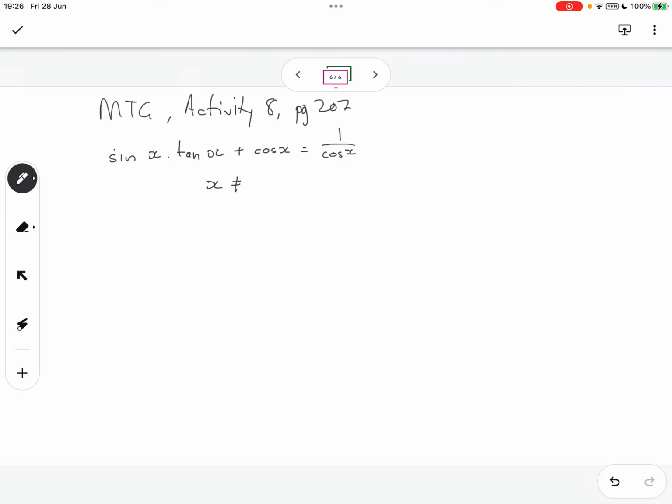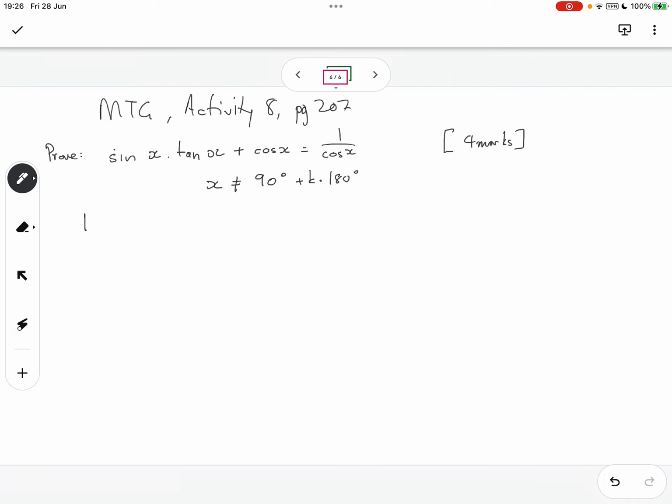Again, x must not equal 90 degrees plus k times 180 degrees. And we must prove that it's valid, so we must prove that the left-hand side equals the right-hand side. That being said, this is a 4-mark question.